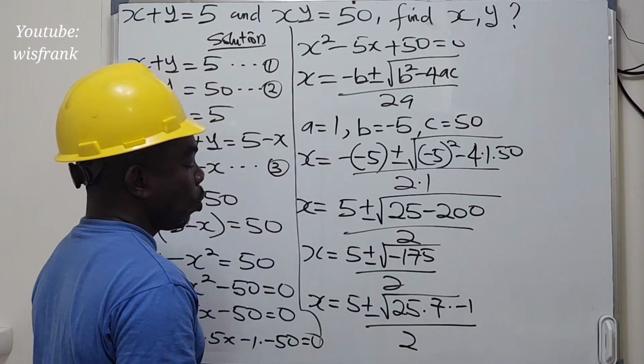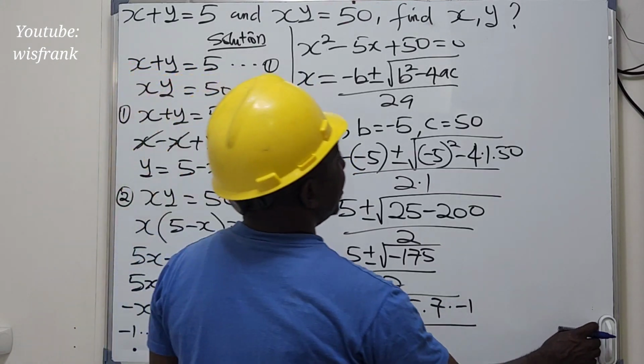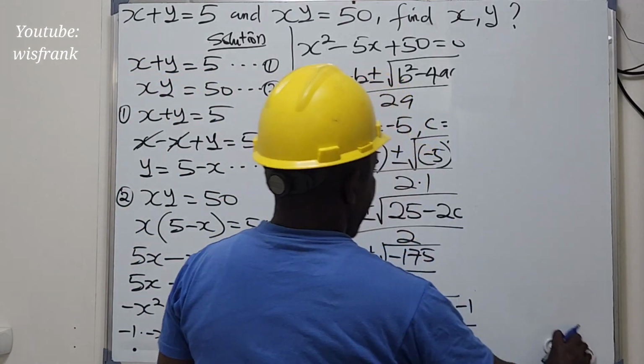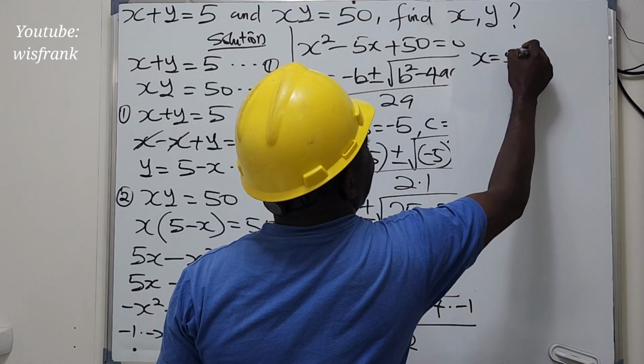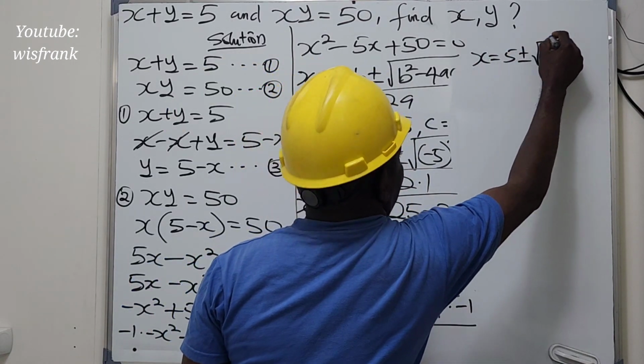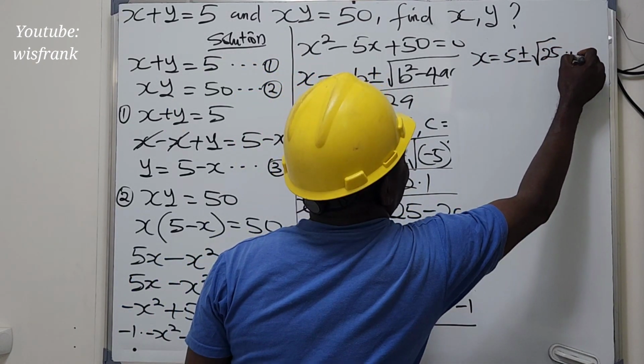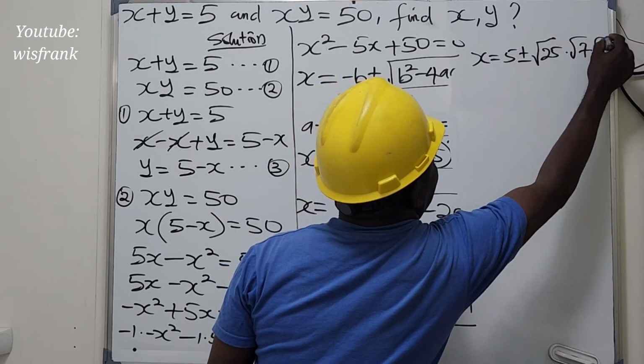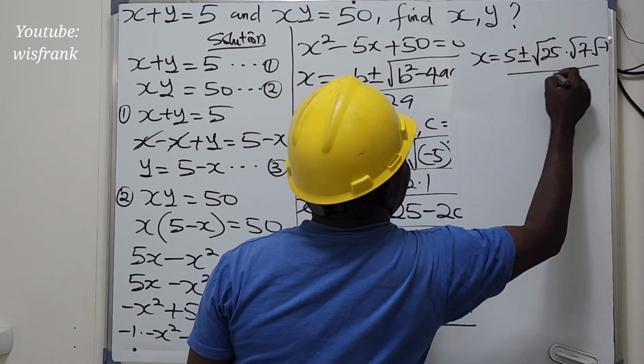So this is what we have. We can express that as x equals 5 plus or minus square root of 25 times square root of 7 times square root of minus 1, all over 2.